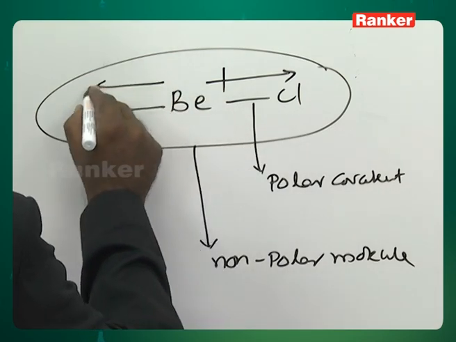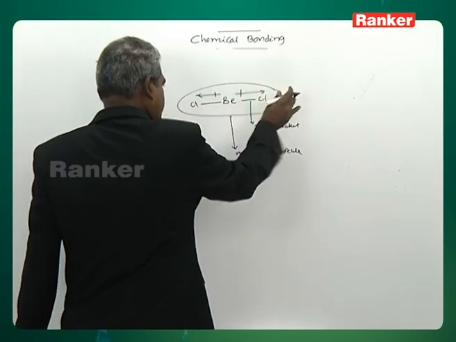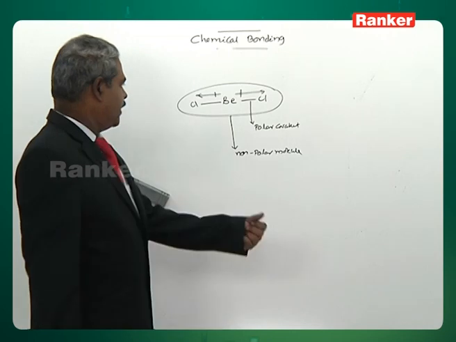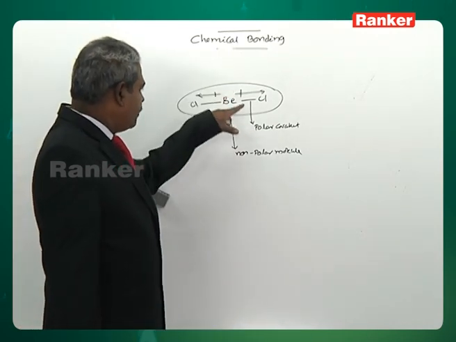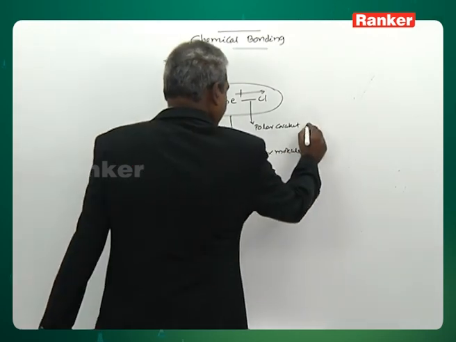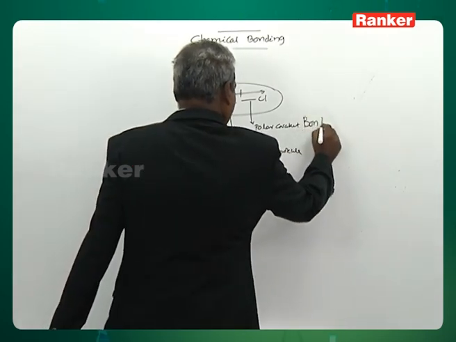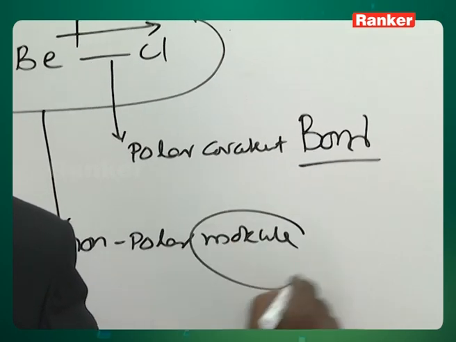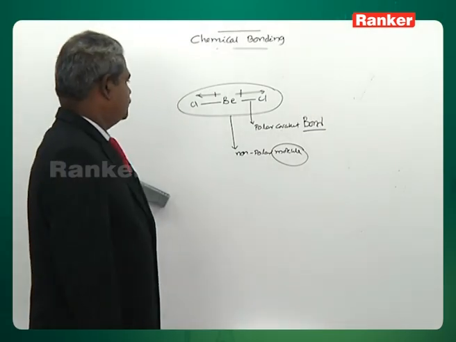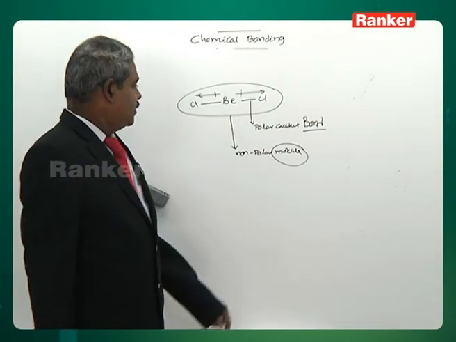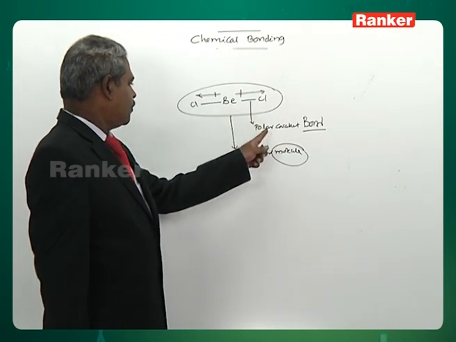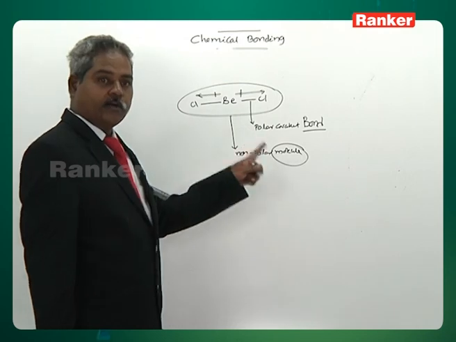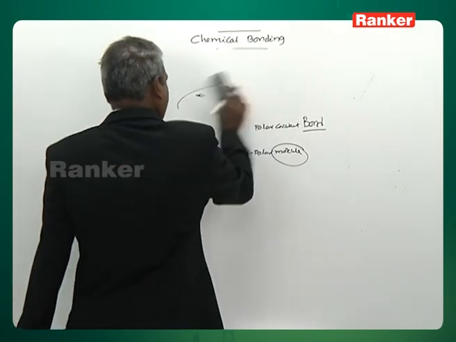Whatever dipole moment is acting in this direction towards the more electronegative atom, they cancel each other. So there is polarity in the bond, polar covalent bond. You should be careful. Polar covalent bond, but non-polar molecule. Okay? A molecule with polar bonds, non-polar molecule. Okay, that's it.